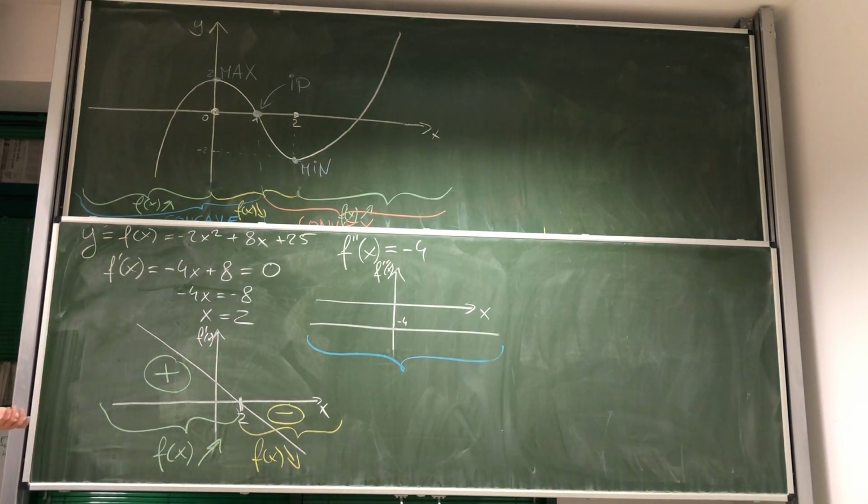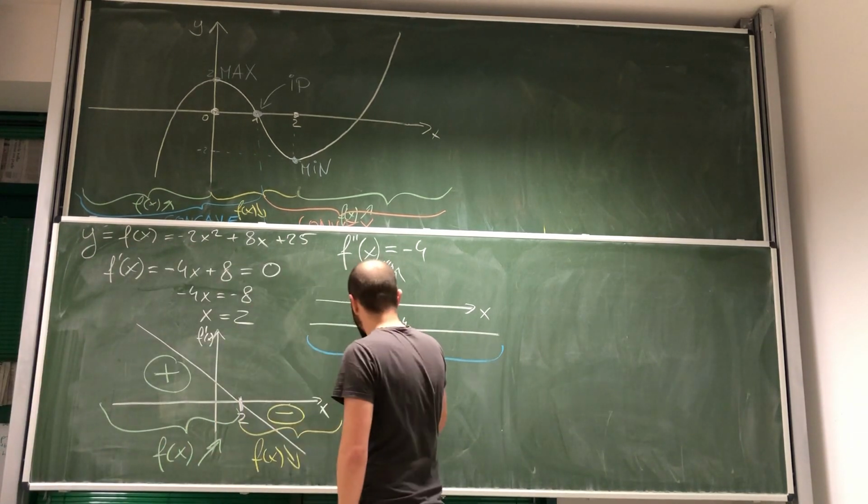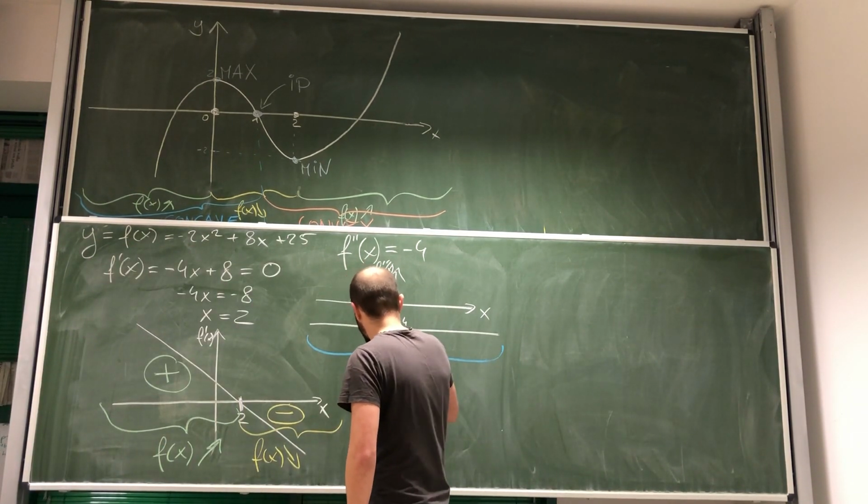Because it has negative acceleration. So this function is concave.